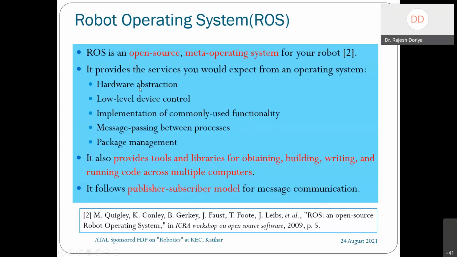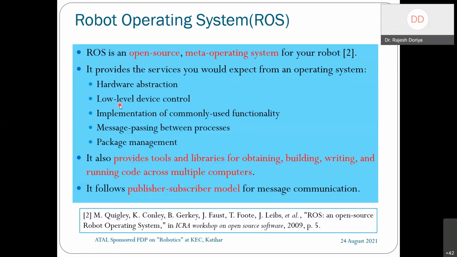If you want to communicate with the robotic hardware, it provides the hardware abstraction, meaning you can make use of the robot operating system to talk to the robotic hardware. It also provides low level device control, which helps us a lot in communicating with or controlling the robotic hardware.